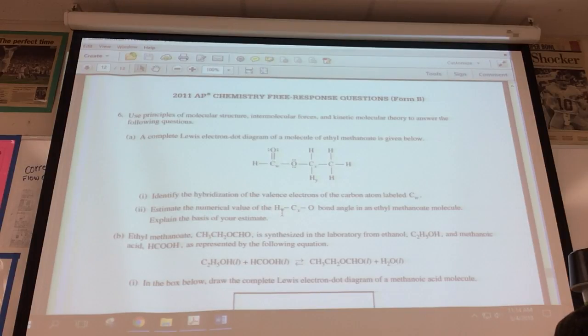Estimate the numerical value of the H-C-O angle right here. No, it's the other one. Oh, okay, I'm sorry, it's the same one. So here. Look at this carbon. Shape with respect to that is?